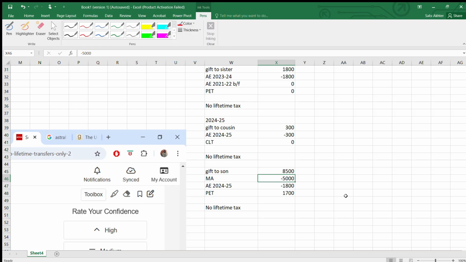So if you see here, in this year we have another gift of 300. So from 3,000, 300 has been utilized for gift to cousin. So now the balance 2,700 would be deducted as annual exempt amount.